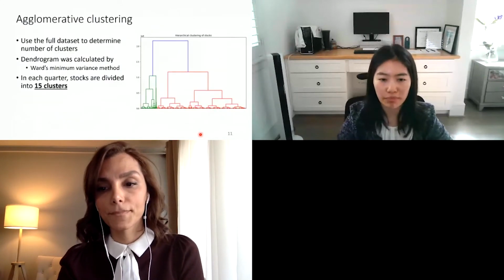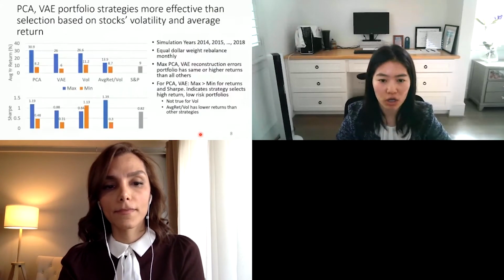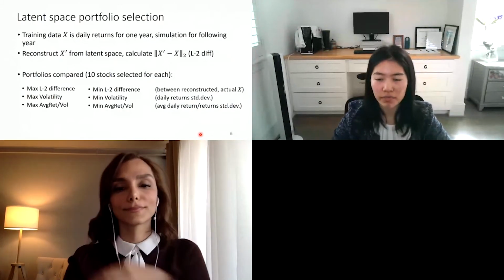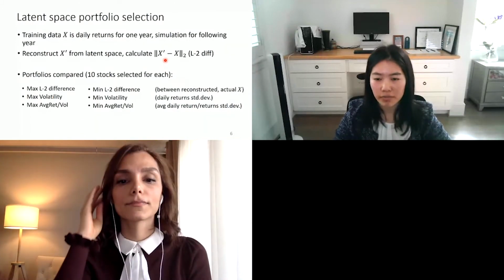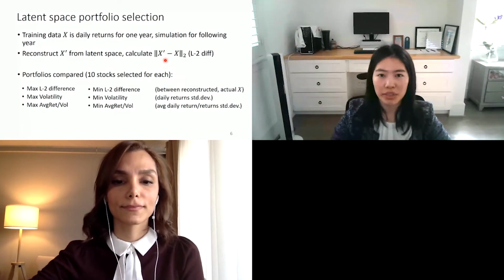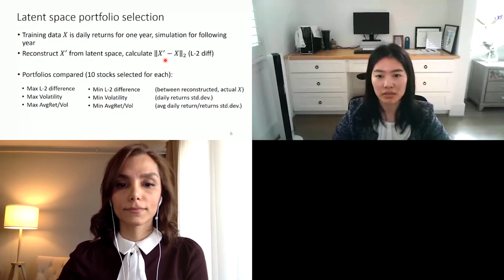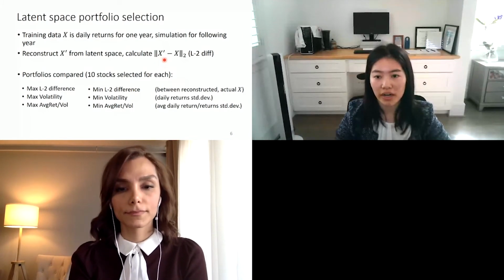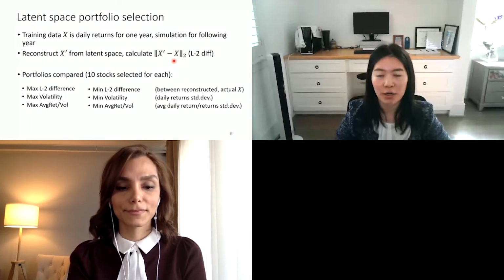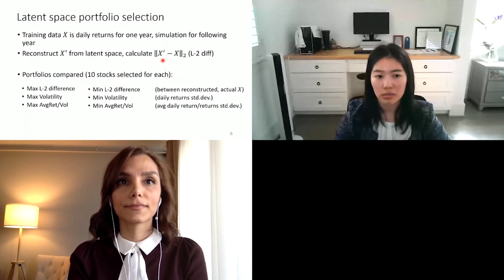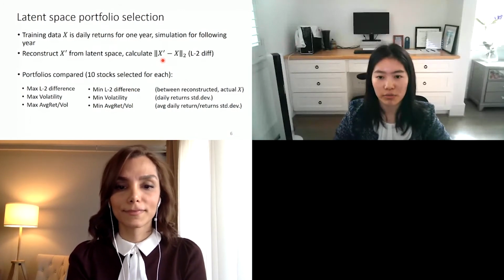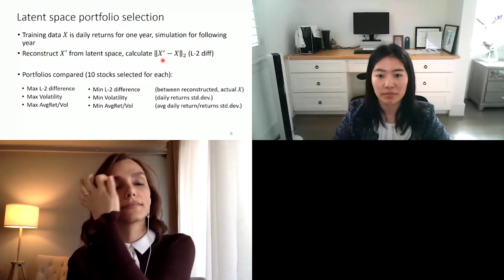I think that the reconstruction error is partially accounting for it, because if you have an extreme return, and we are trying to reconstruct the data from the latent space, then the extreme point ends up having a higher reconstruction error, because it might not be able to reconstruct that extreme point from your latent space representation.